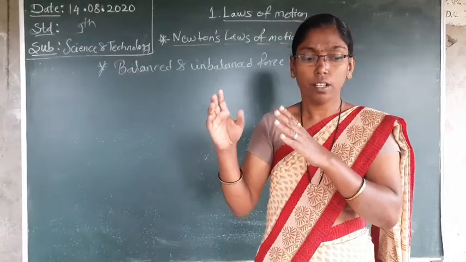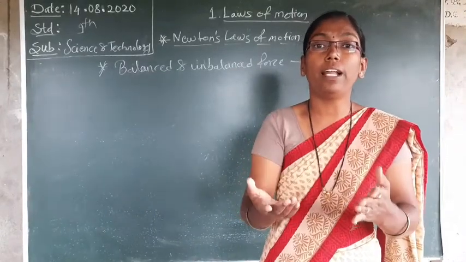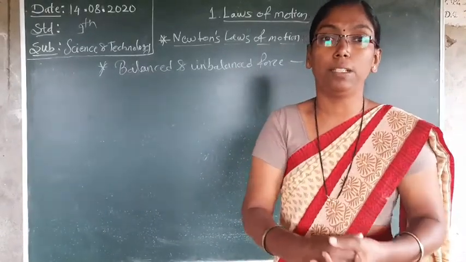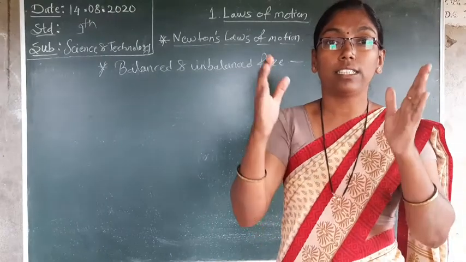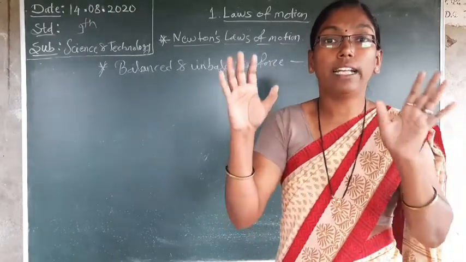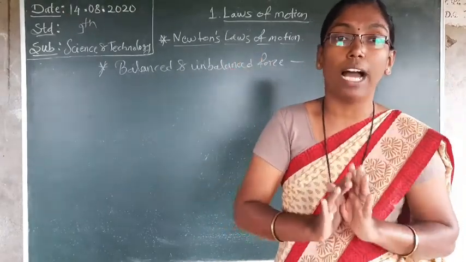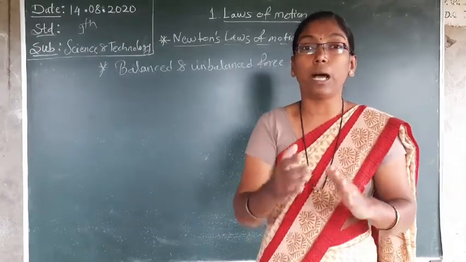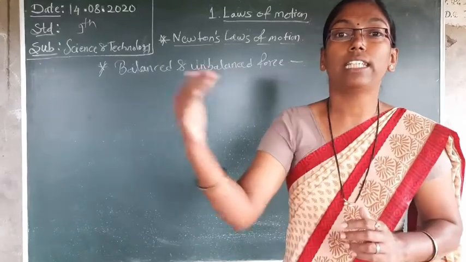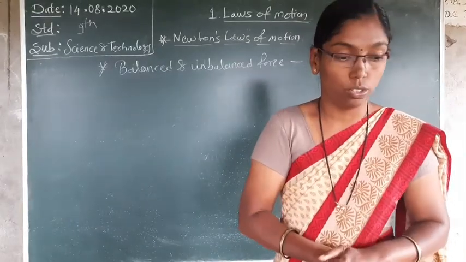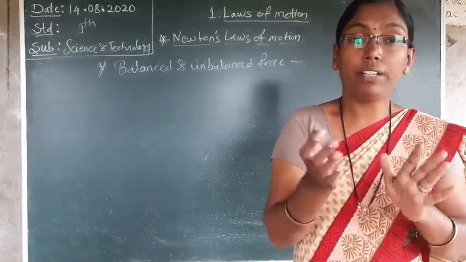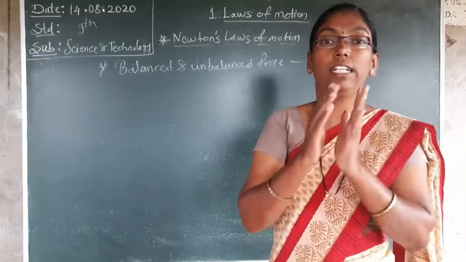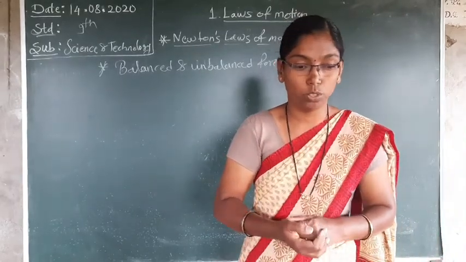So where the force is applied and how it is applied is important. If the force level is the same, then they will not move; they stay in the same position. But if more force is applied at one side, the second side will fall down. So there is balancing of force and unbalancing of force.